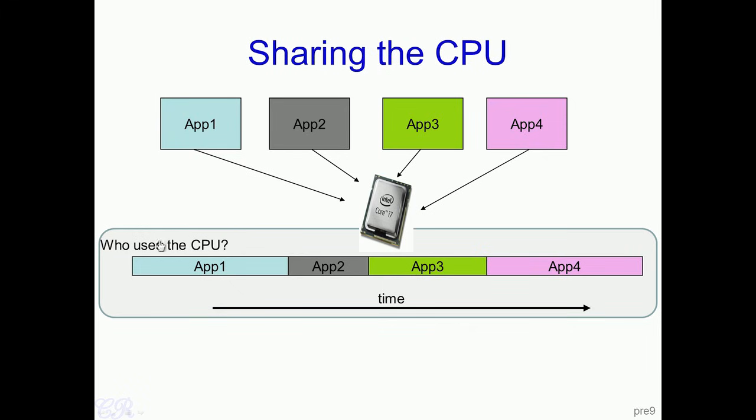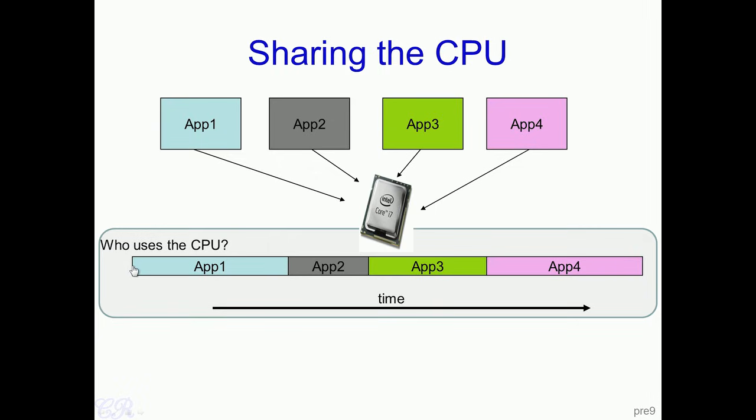To take an example, let us consider the CPU. Systems typically would have 1 or 2 CPUs and multiple applications executing on that CPU. So, how does the operating system share the single CPU among multiple applications? One way which was typically done in the earlier operating systems around the late 70s and early 80s was to allow one application to execute on the CPU till it completes and then start the next application.